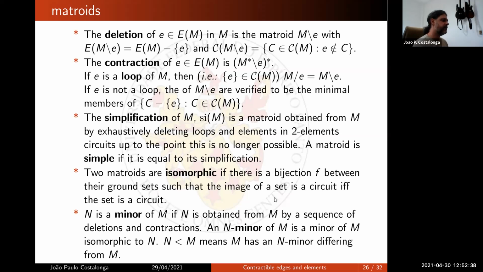And we have the idea of minor. I would say that a matroid N is a minor of matroid M if N is obtained from M by a sequence of deletions and contractions, and an N-minor of M is a minor of M which is isomorphic to N. And you use the same notation.